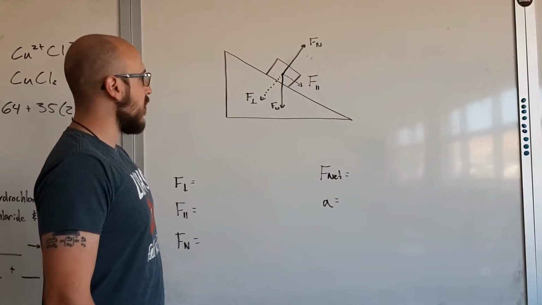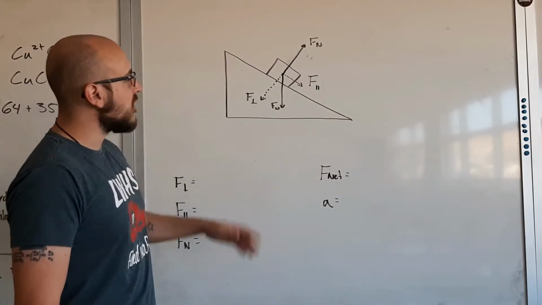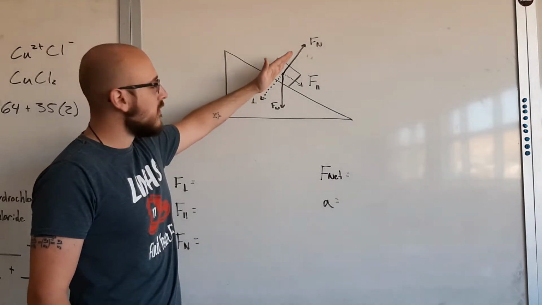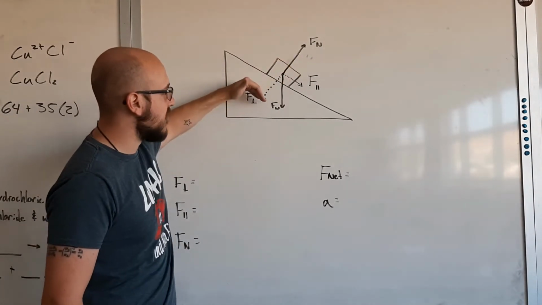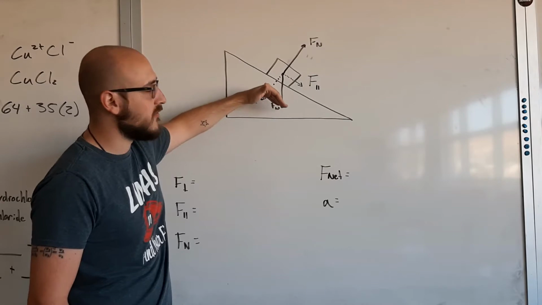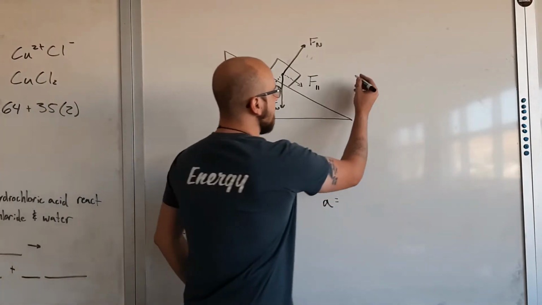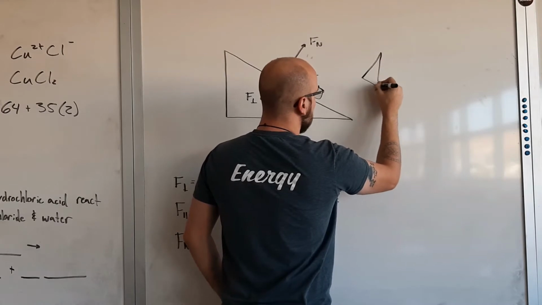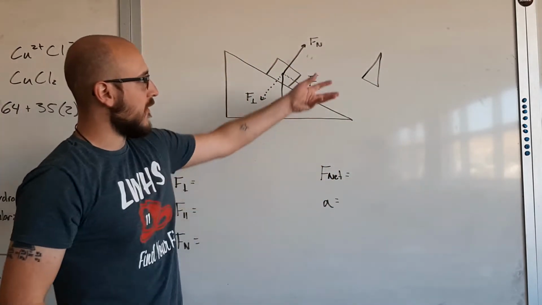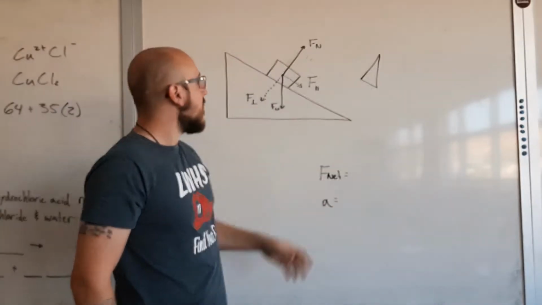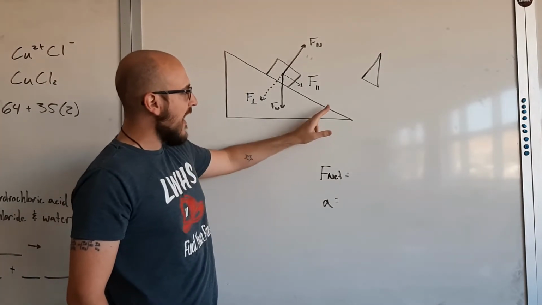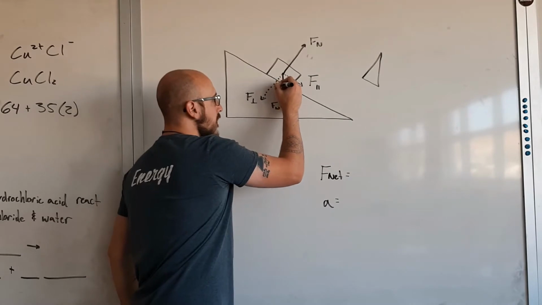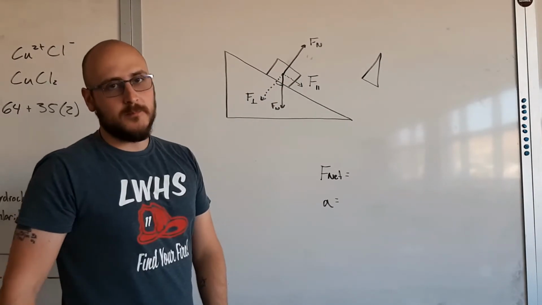Now, one thing I do want to point out. If we complete this triangle, because we've got this perpendicular side here, and we've got this parallel side, which would actually be equivalent to the parallel side over here, what it ends up making is a triangle. Not only that, if we were to flip that triangle, you would notice that the angle of the ramp is the same as the angle in there.